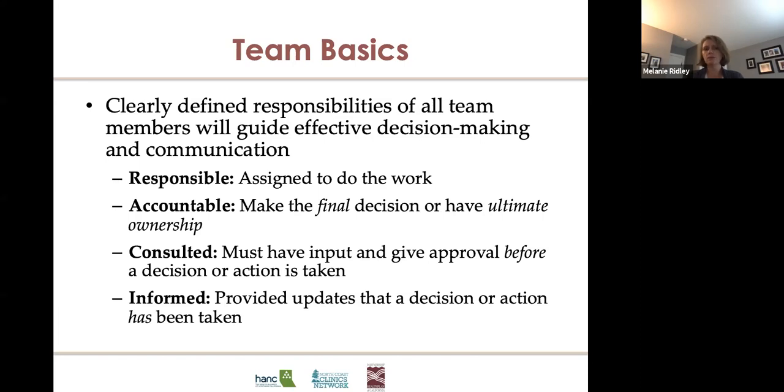Who's accountable, meaning they have to make the final decision or they have ultimate ownership of this change. Who needs to be consulted before decisions are made, and then who needs to be informed after a decision has been taken. Really clarifying who has what responsibility as part of the team can help drive clear communication and expectations.